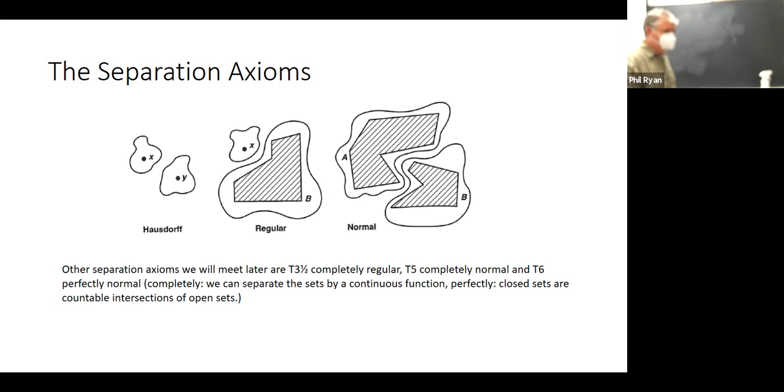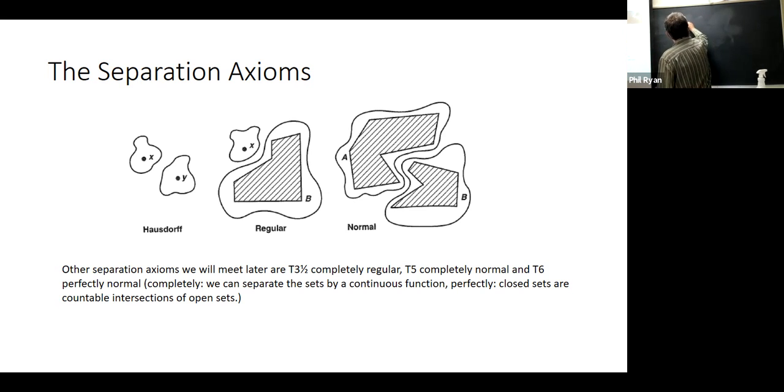So by that I mean, for example, there exists a function f from X to the closed interval [0, 1], such that f(a) equals 0 if a is in A, and f(b) equals 1 if b is in B. So that's the definition of completely normal.